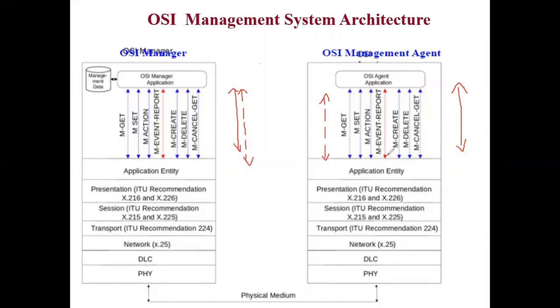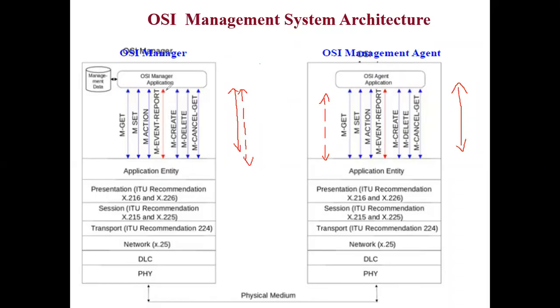Now why are we giving so much importance to solid lines and dashed lines? The OSI manager generates the 6 commands. So this M event report is not generated by the manager.